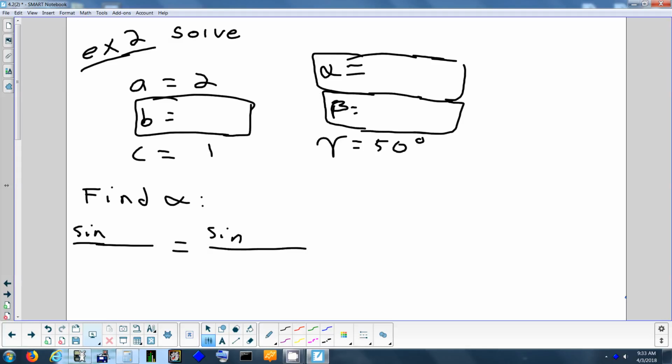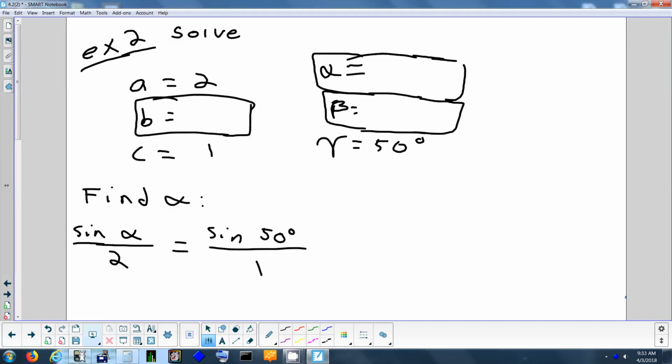Sine 2 over, wait. Remember, when you do the sine, the thing that goes inside the sine function is always an angle. Sine alpha over 2, equals sine 50 over 1. There you go.